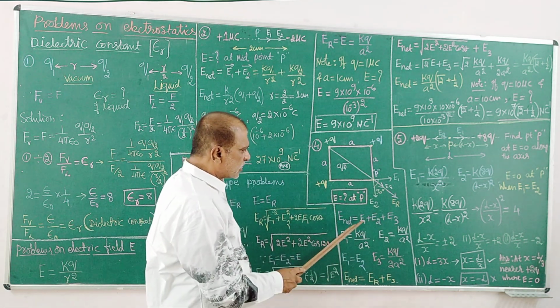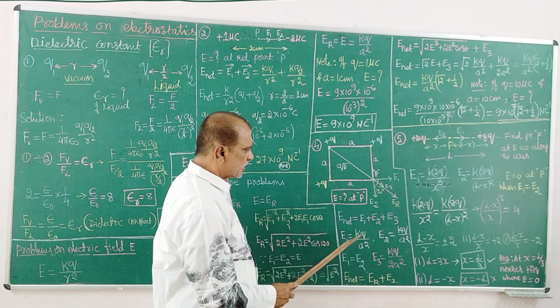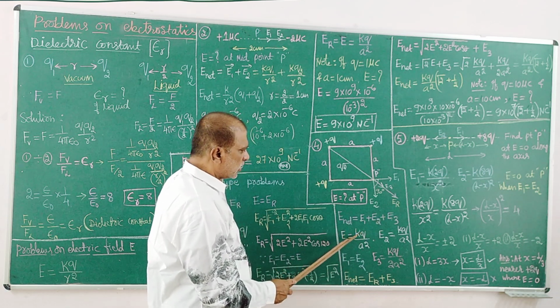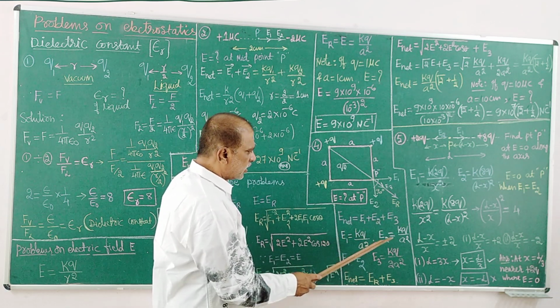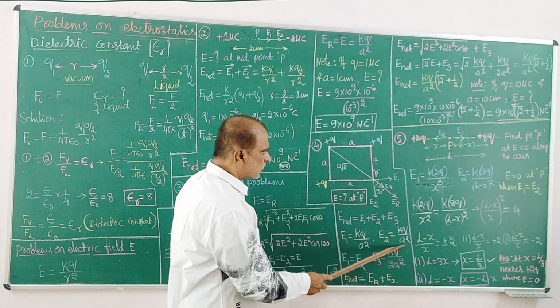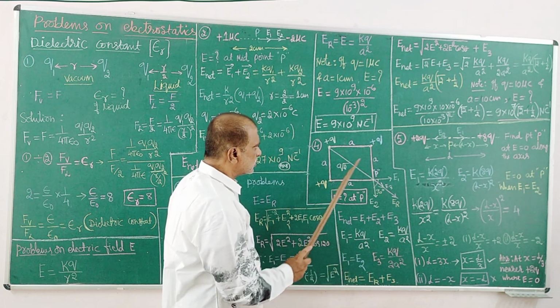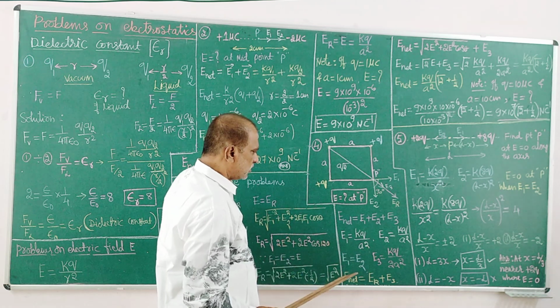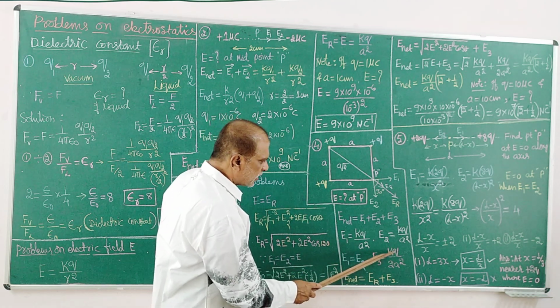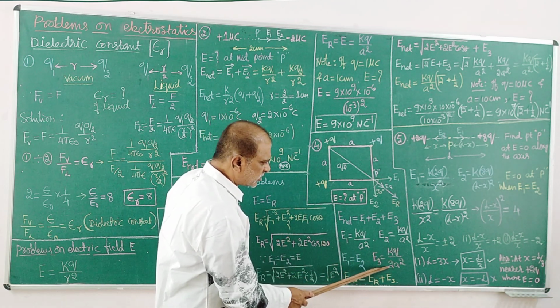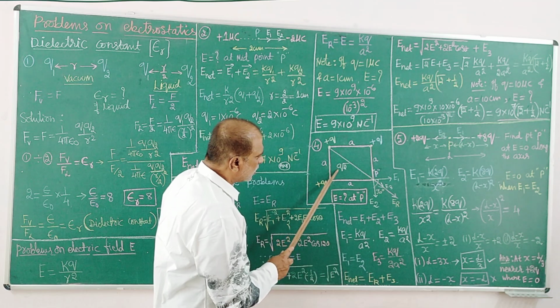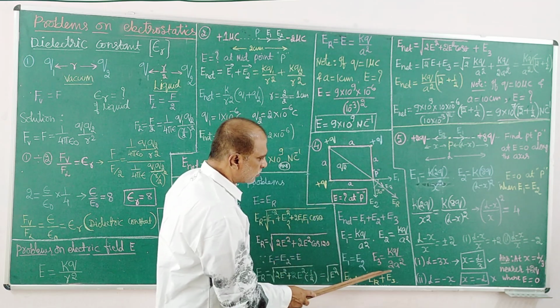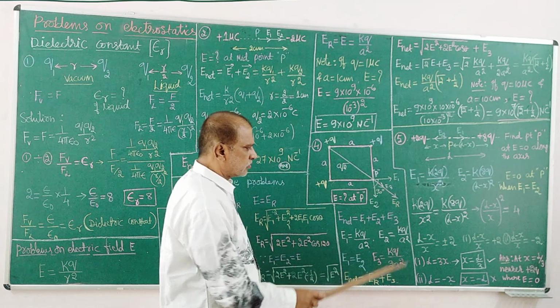So let us write what E1, E2, E3 are. E1 is equal to kq by a squared, and E2 is equal to kq by a squared, due to this charge and this charge. And due to this charge, that is E3, kq divided by the distance of separation, which is not a squared but a root 2 whole squared, that is 2a squared.